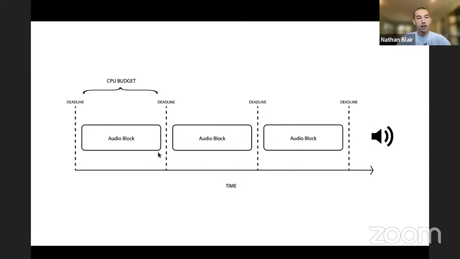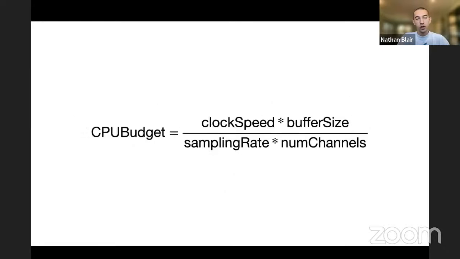The emphasis is that there's a certain amount of CPU cycles to produce each of these audio blocks, and if you don't do your computation within that amount of time, you're going to miss a deadline and get a bad sound. If you heard any of those clicks, that's an example of bad sounds that you're not going to want to get.